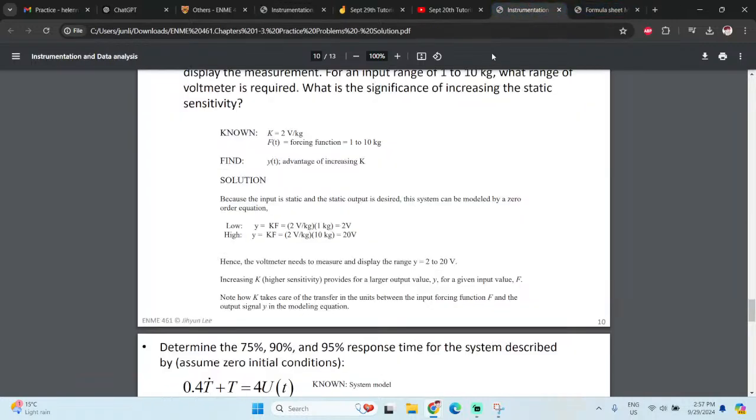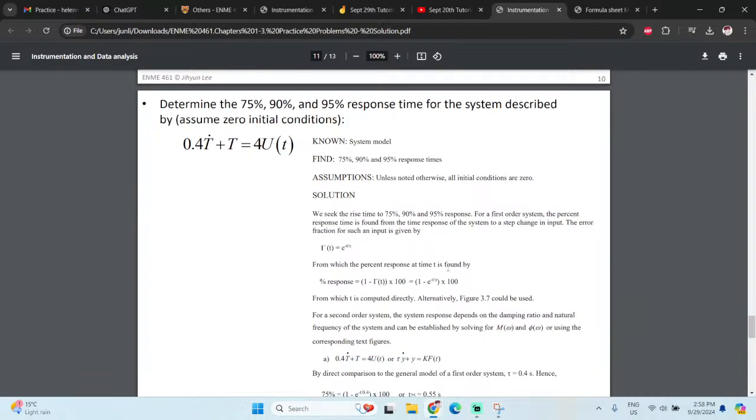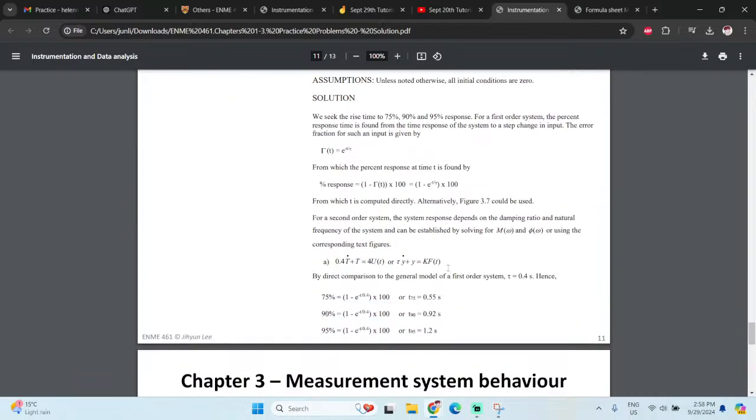What is ln 0.25? ln 0.25 is negative 1.386. Into 0.4, so it should be around 0.554 maybe. And then multiply by 0.4.